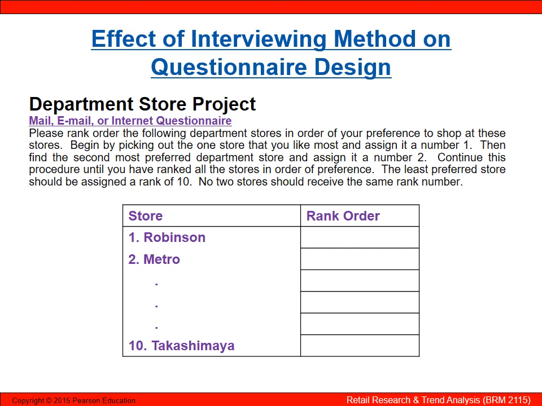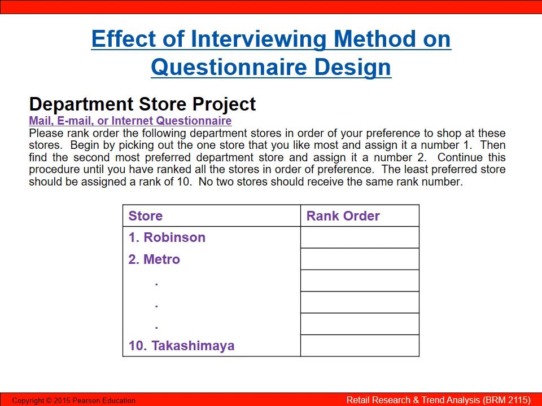For example, in the department store project, questionnaires are done by mail, email, or internet. Mail questionnaires are usually self-administered, so the questions must be simple and detailed instructions must be provided.